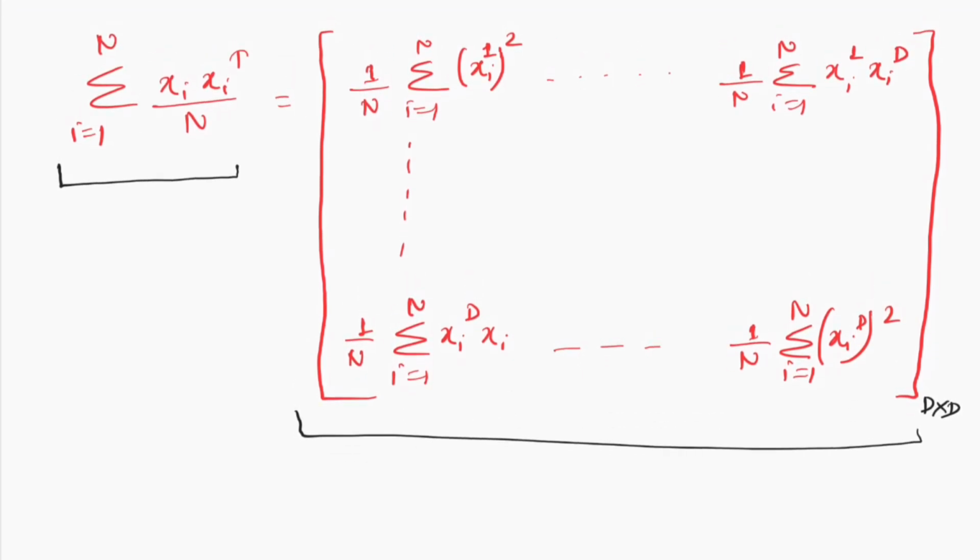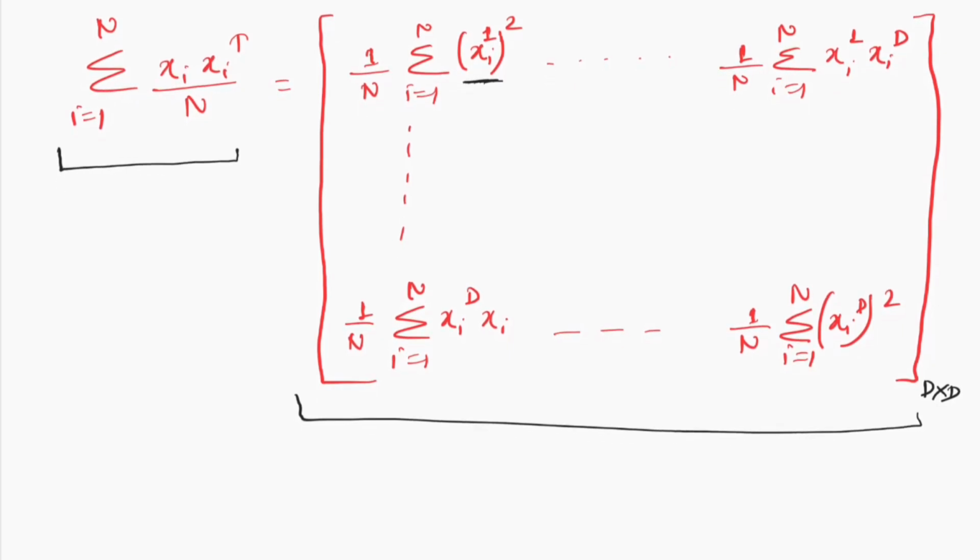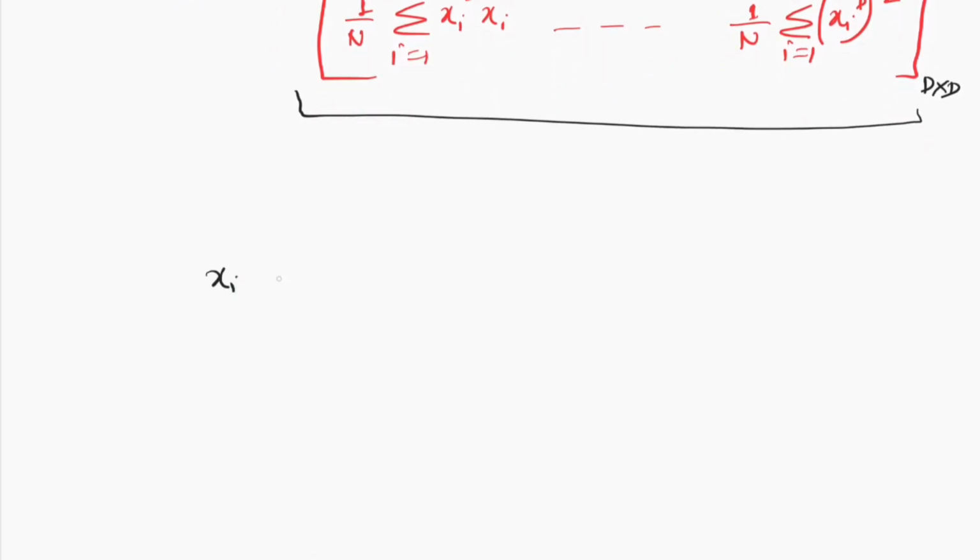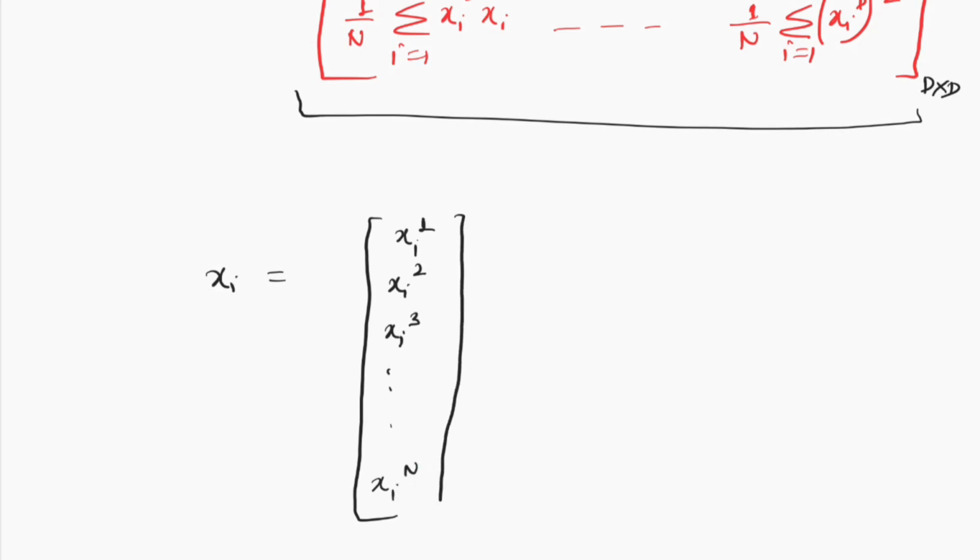Now observe carefully what we have written. We are expanding xi. xi is written here in the form of xi1, xi2, xi3, similarly xid. And when we transpose it, we write it like xi1, xi2, xid.